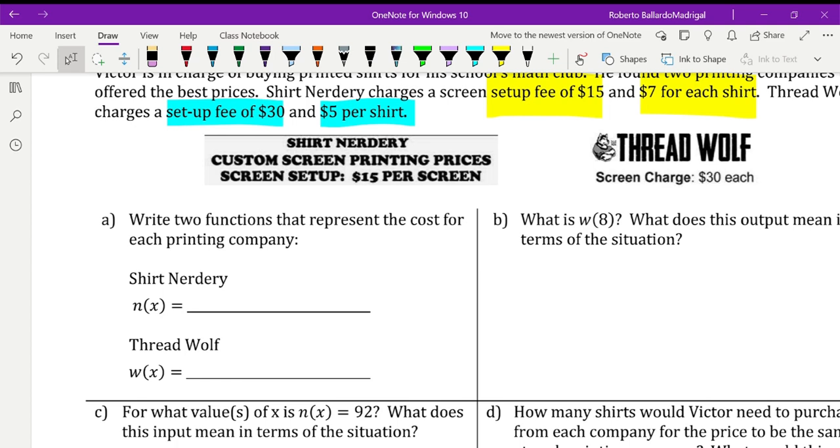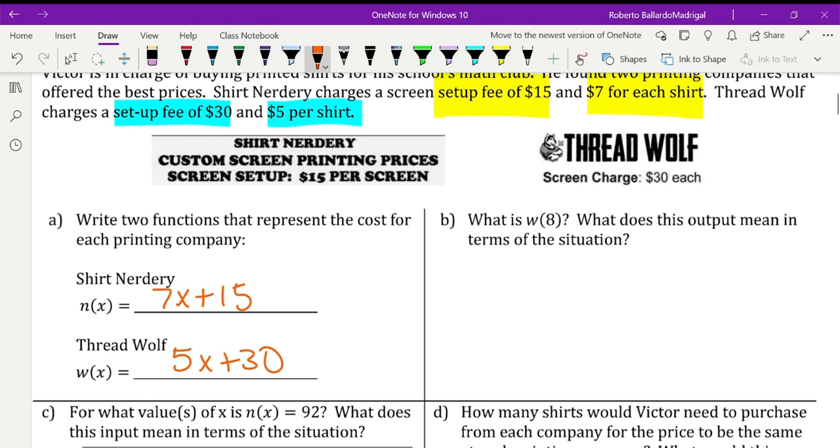How could I write that with an x? 7x plus 15. Very good. What about the second company? How could I write the equation for the second company? Isabella. 5x plus 30.